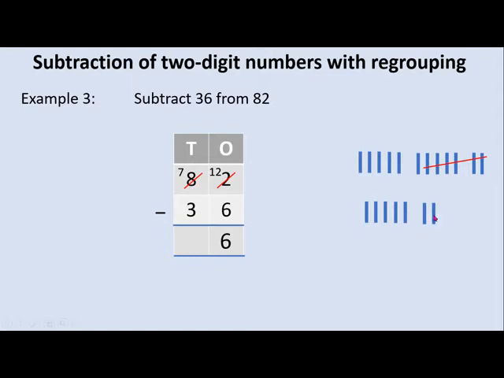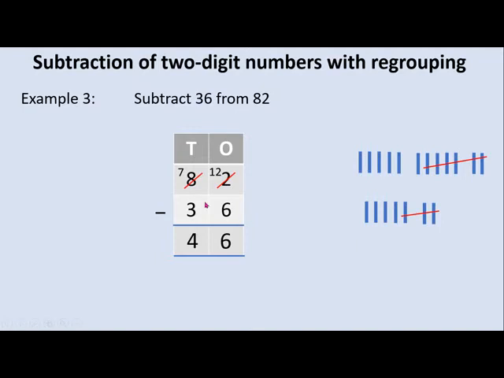So I will count 3 lines from right to left. 1, 2, 3, and I will cross out these. The remaining lines which are not crossed are 1, 2, 3, 4. Therefore, 7 minus 3 is equal to 4.